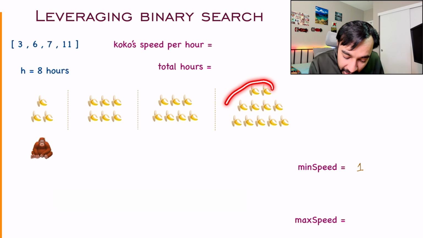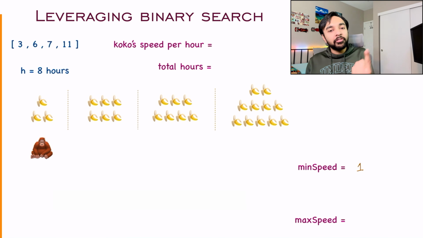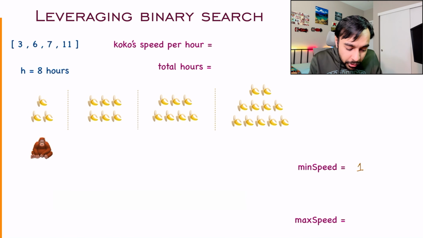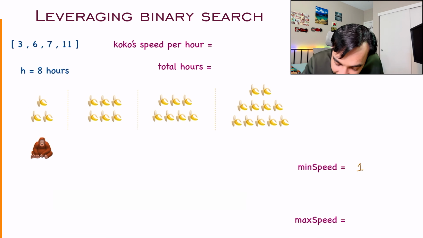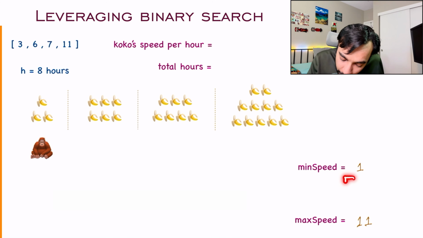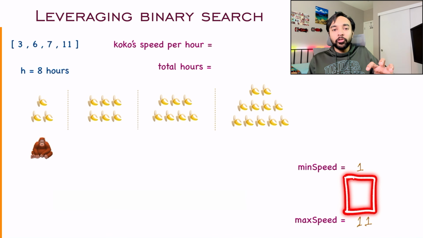So if she can eat 11 bananas in an hour, then for every pile she will take 1 hour each. And that is the best case. You do not have to go faster than this, right? So it clearly tells me that the maximum speed at which Koko can eat is 11. So what does this tell you now? It tells me that to find the optimum speed, that optimum speed will be somewhere in between over here, right?